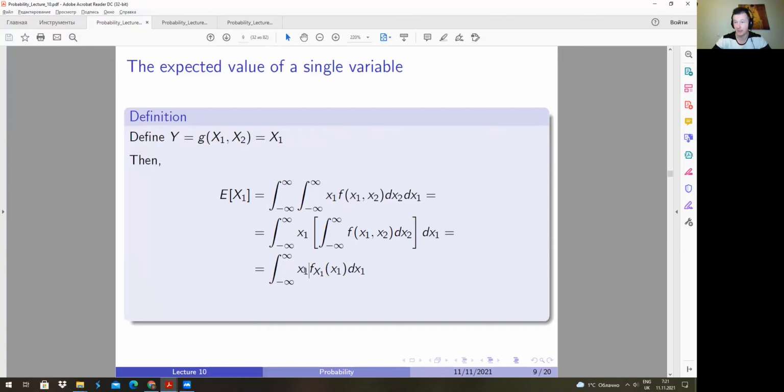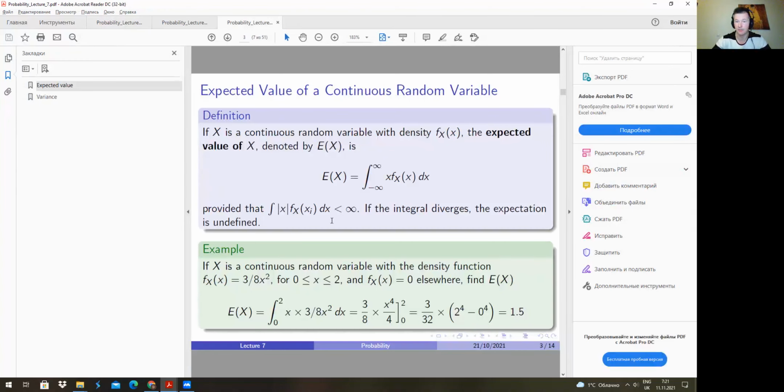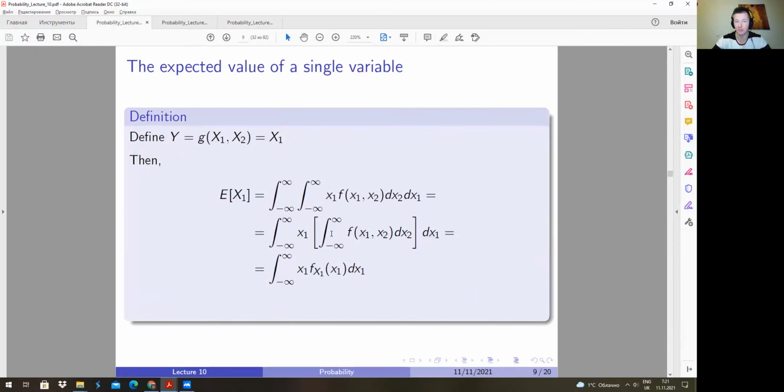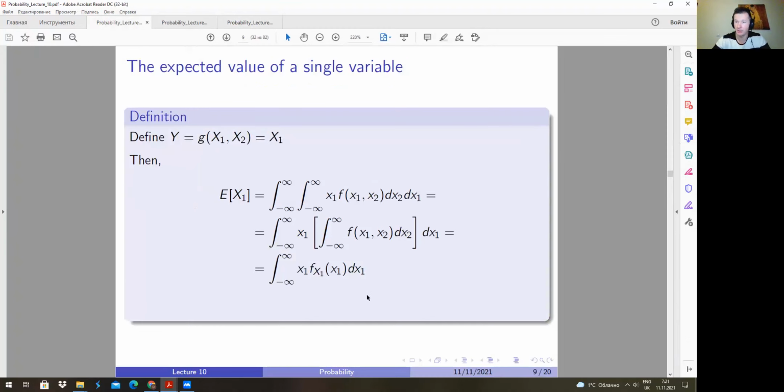And then this expectation is exactly the same thing as we have discussed in the univariate case. But now I have an index 1 because I'm talking about a particular variable. Now it's x1. So you see that everything matches.